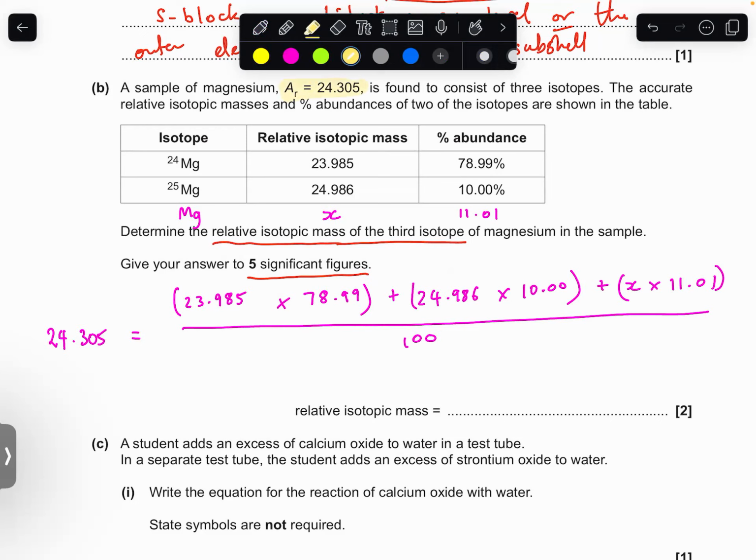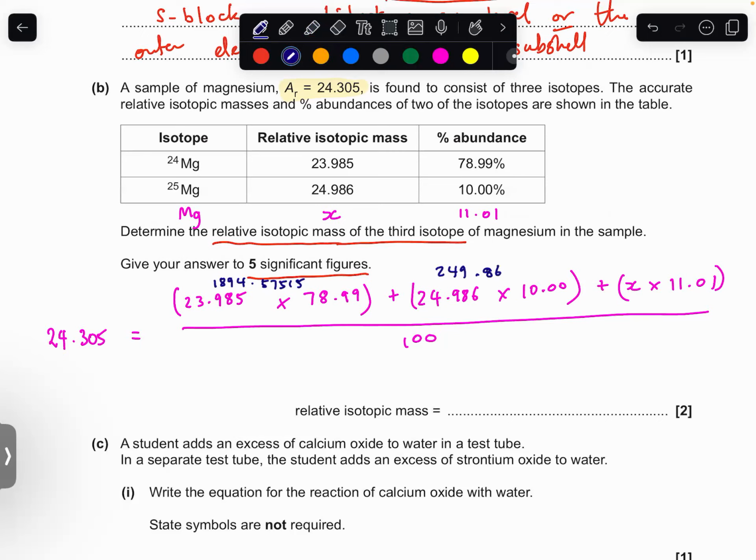That's quite a few calculations for just a 2 marker. Let's do this. 23.9 times... 1894.575515. 249.86. I just times by 10.